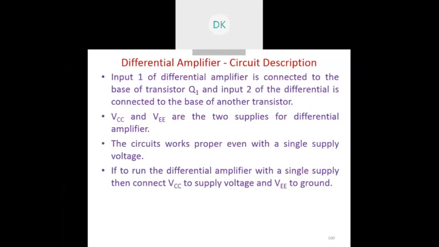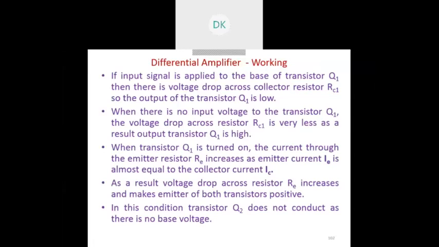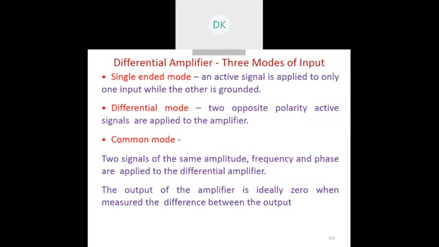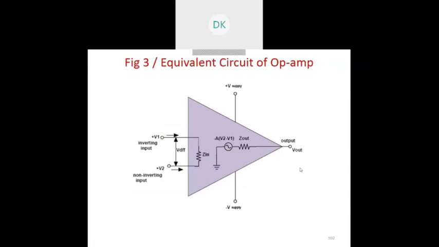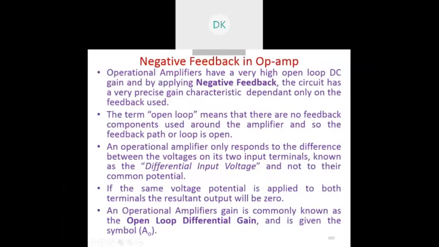The differential amplifier, we have already seen its circuit diagram, description and working. Next, the equivalent circuit of an op-amp: two input terminals are available, inside we have those 4 components, and the output terminal, positive supply, and negative supply are available.